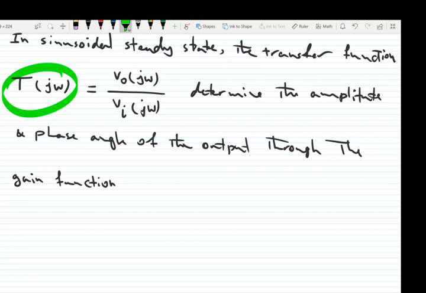Any complex value has amplitude and phase, and we know how to determine the amplitude and phase of complex numbers.